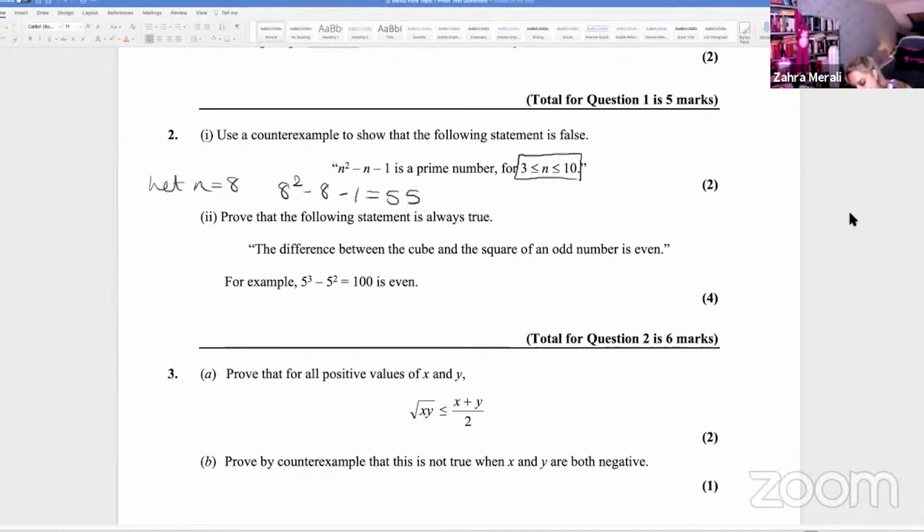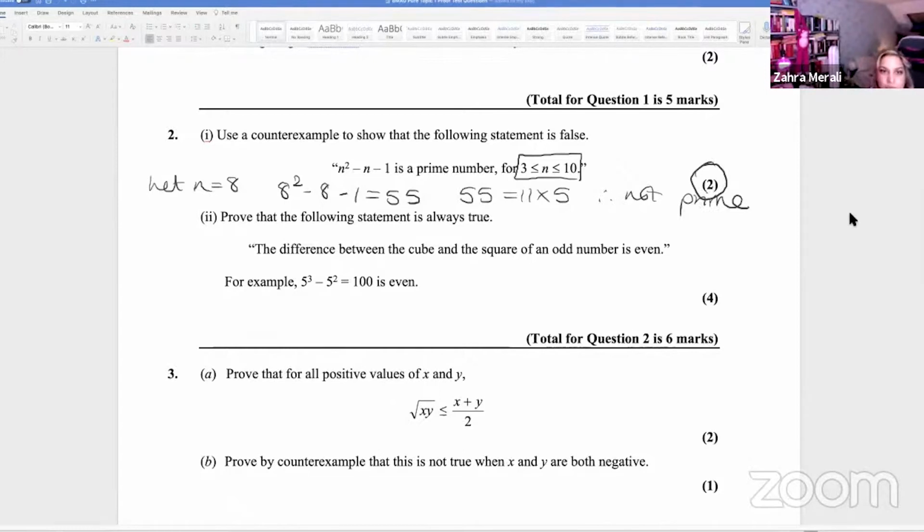And you'll say 55 is equal to 11 times 5, therefore not prime. And there's your counterexample. Again, plugging numbers in, the clue is it's 2 marks. You're not going to be asked to do loads with it.